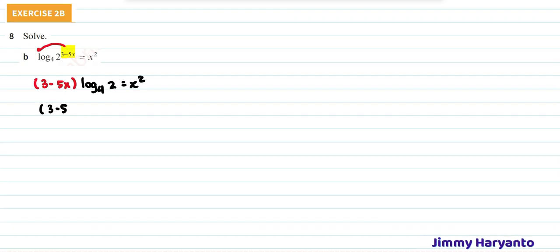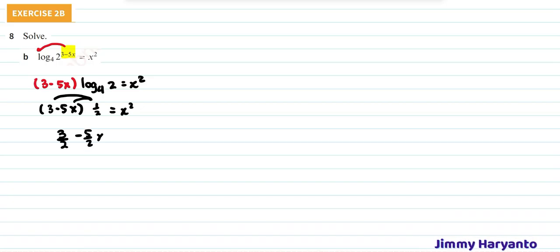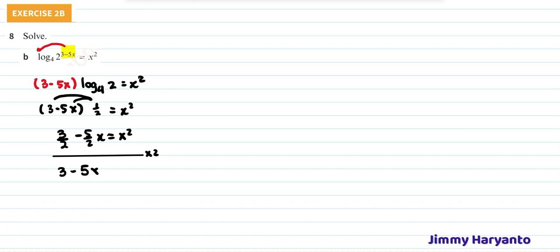You have half as the result equals x squared, and then you input the half into the brackets. You have 3 over 2 minus 5 over 2 x equals x squared, and then times them all by 2 to remove the 2. You'll have 3 minus 5x equals 2x squared, and then you move the left hand side into the right hand side.